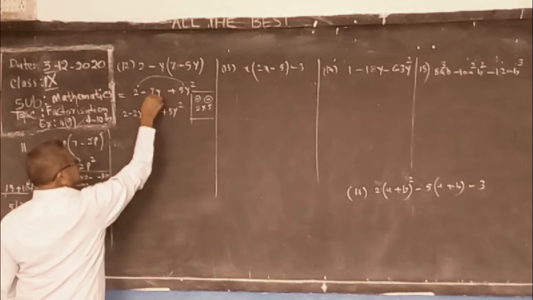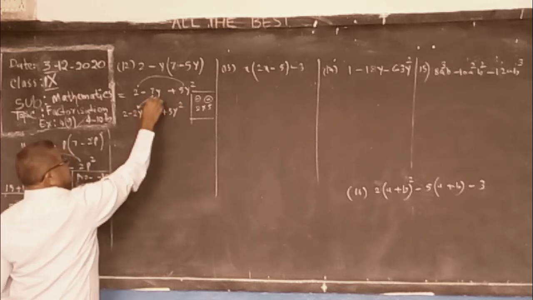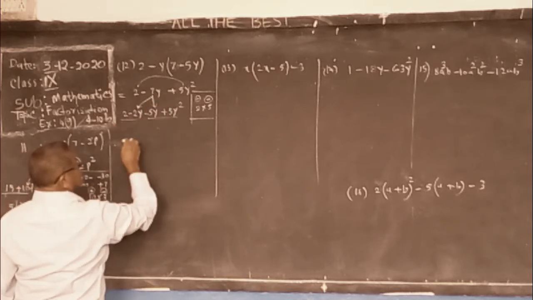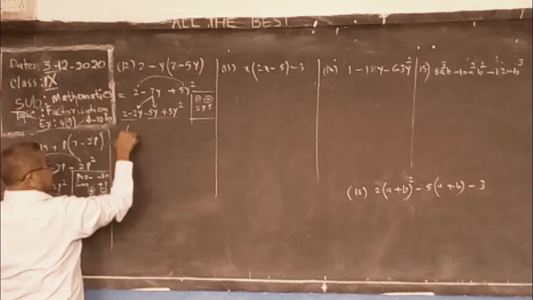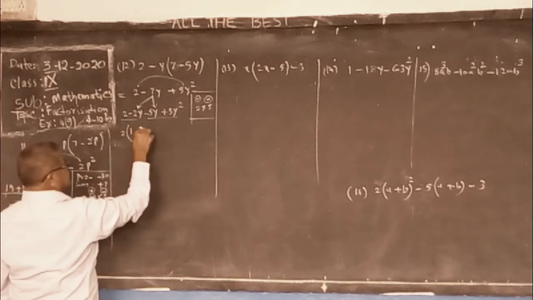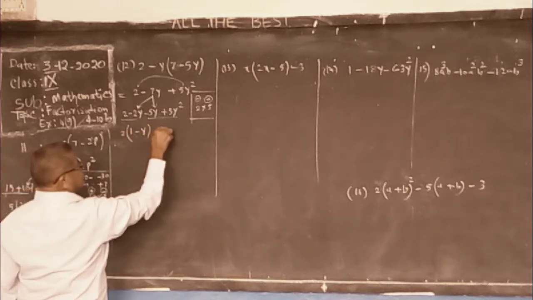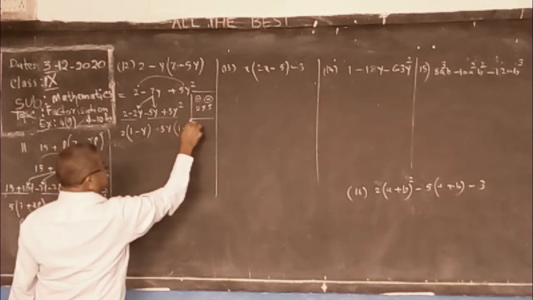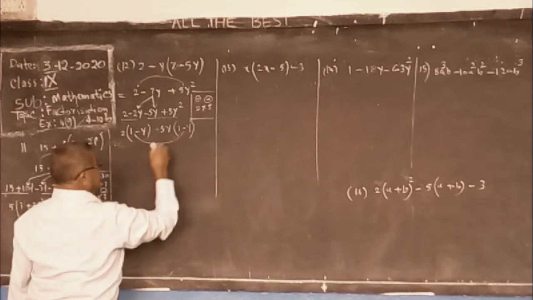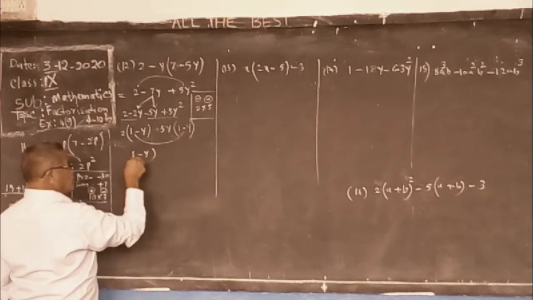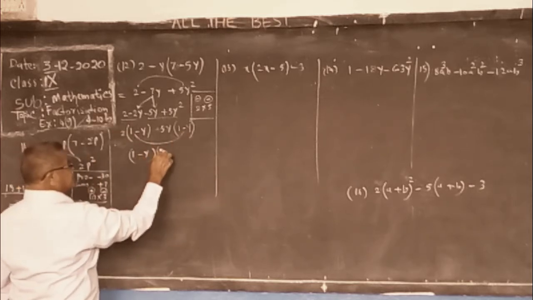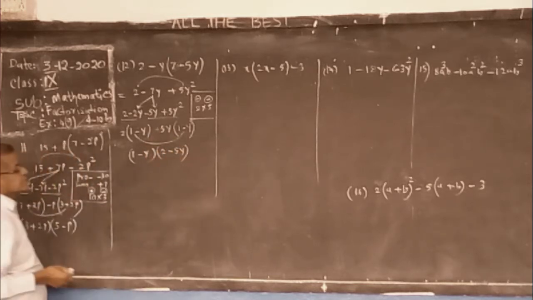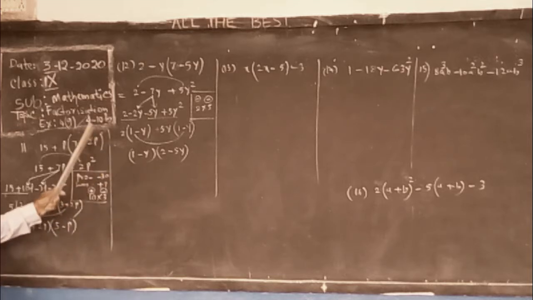I am splitting this 7 as 2y and 5y. Now take 2 common here, and 5y common here. Taking 2 common, 1 minus y; and taking minus 5y common, 1 minus y. Again 1 minus y is common, here 2 is left and here minus 5y is left. This is the way of finding factors.